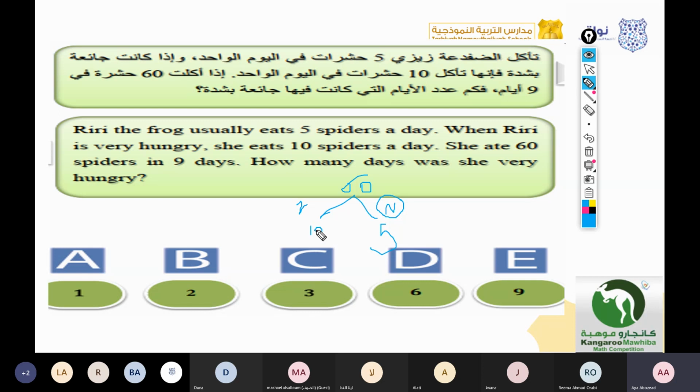So now we need to know in how many days she is very hungry. And remember, the total is 60. So try to multiply until you get a total of 60. So now, how many days is she very hungry? I'm waiting.